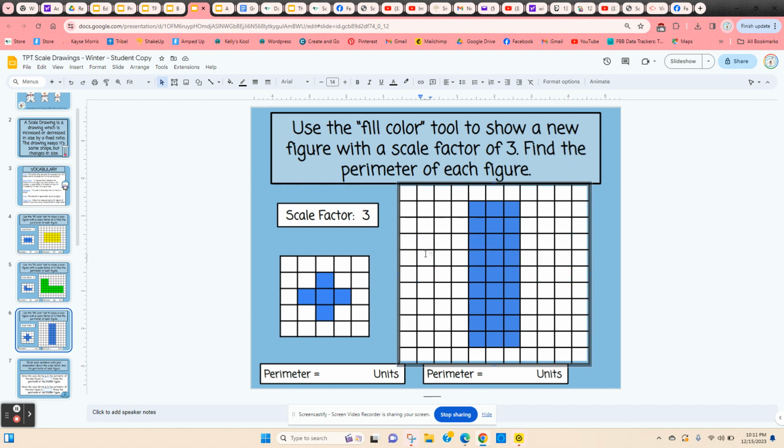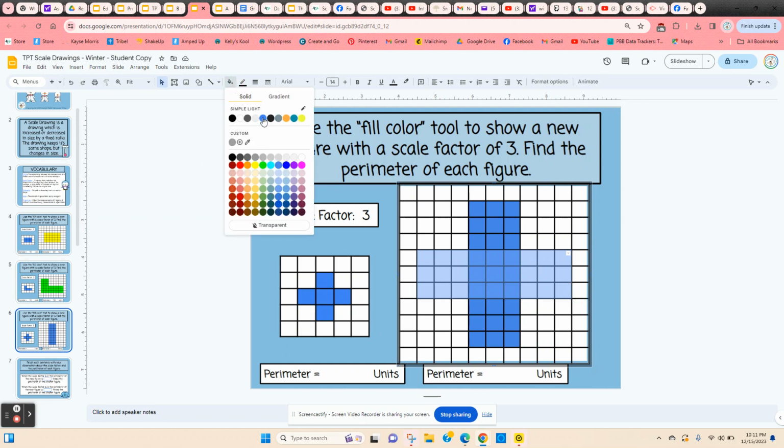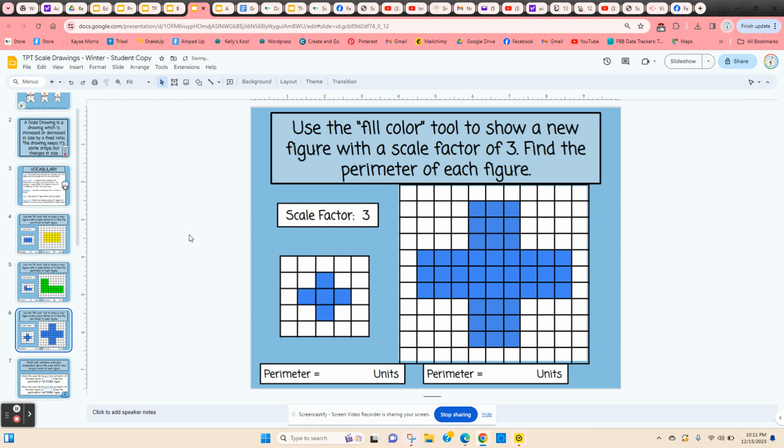And there, I need one more row down. And so this one is scaled up by a scale factor of 3. The perimeter, again, is going to be 12 this time, 12 units. And then they're just going to multiply by the scale factor, so the larger figure is going to be 36 units.